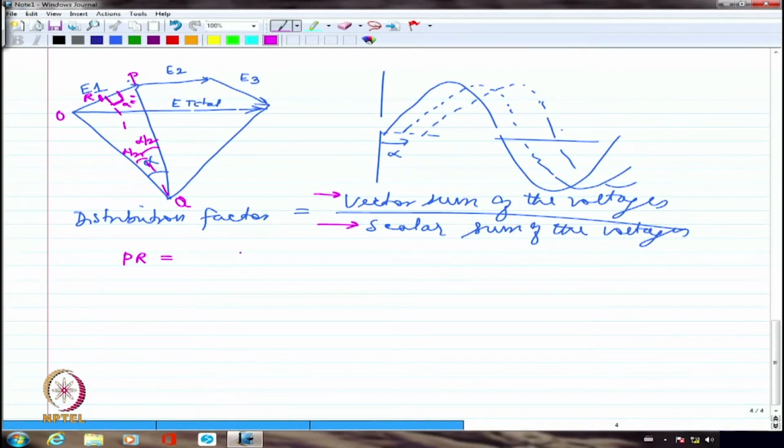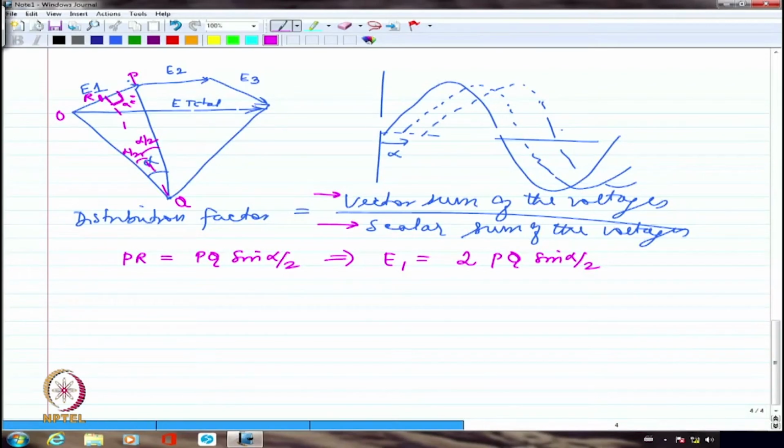So I'm going to have sine of alpha by 2 multiplied by the radius. This is the radius, which is the hypotenuse. So I should say PQ multiplied by sine of alpha by 2. So I can say that the voltage E1 will be equal to 2 times PQ multiplied by sine of alpha by 2.